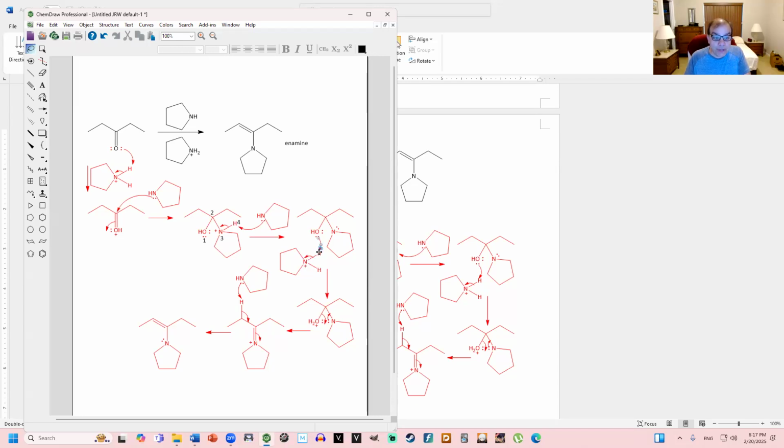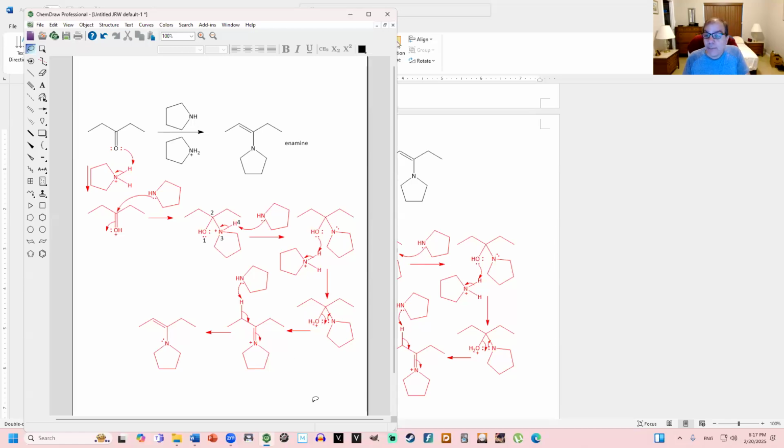We break the nitrogen-hydrogen bond. In so doing, we have to do that. Otherwise, the hydrogen will have 2 bonds, and that's no good. So we break the NH bond. We push the electrons onto the nitrogen to get rid of the plus charge, and that gives us this intermediate. And now we're in a really similar situation to what we found with the acetal.